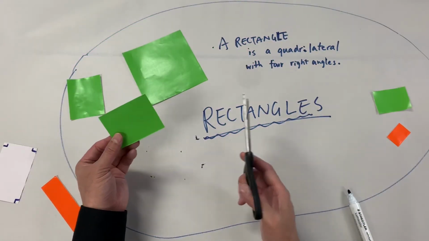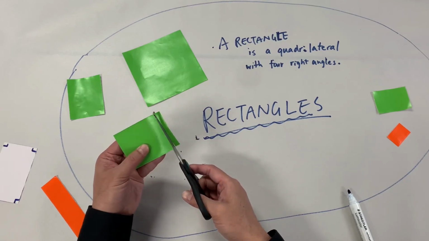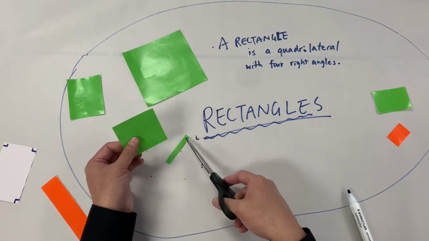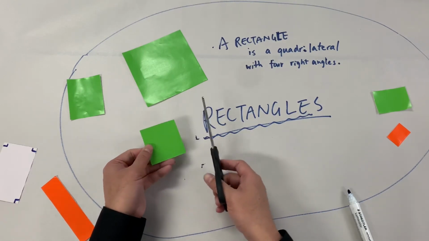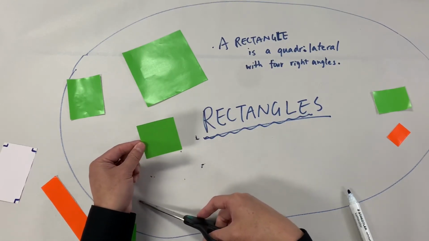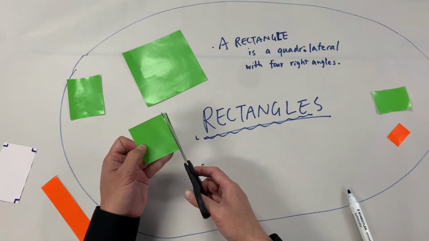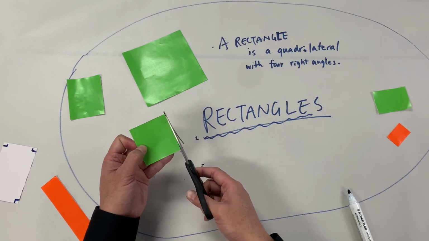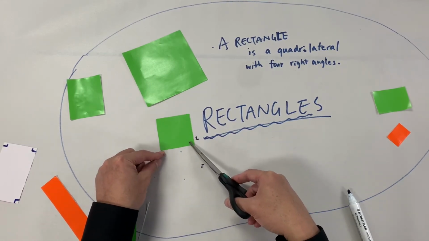So if I make this slightly shorter, that's still rectangle, isn't it? If I make even shorter, that's still a rectangle. But maybe if I make slightly even shorter, is this a rectangle or is this a square?